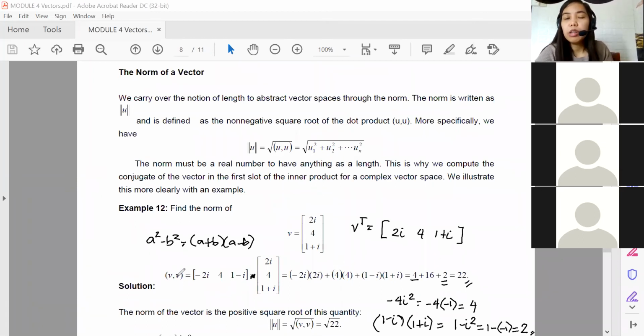Once you get this, get the square root of this, which is square root of 22. Okay? That is the final answer. Not this one. Because we said, the definition of the norm of a vector is the non-negative square root of the dot product. So the final answer is square root of 22.